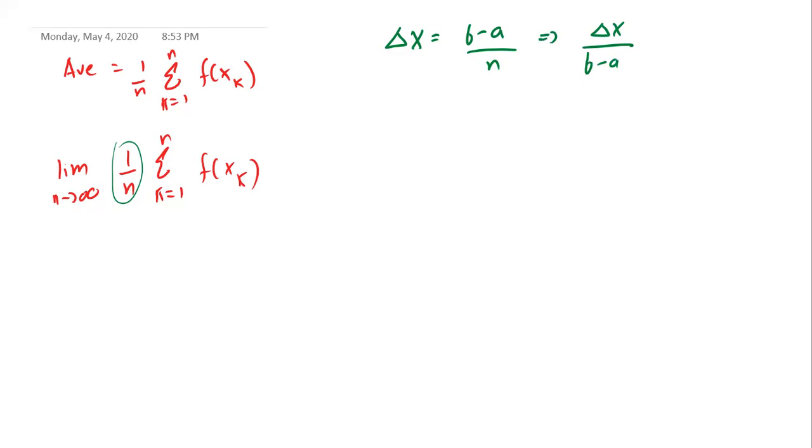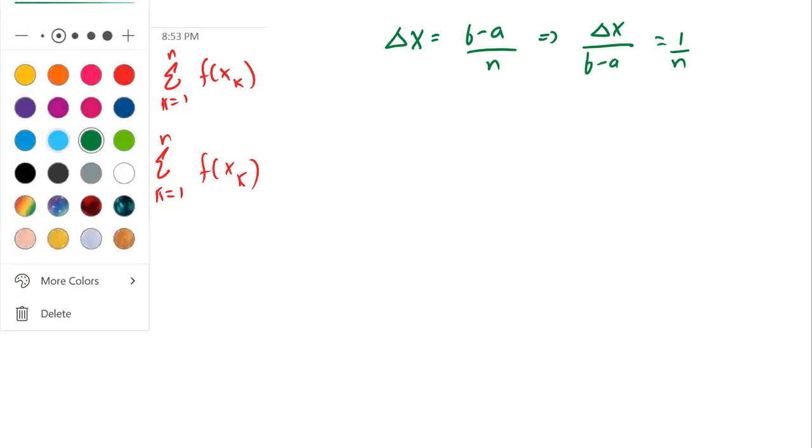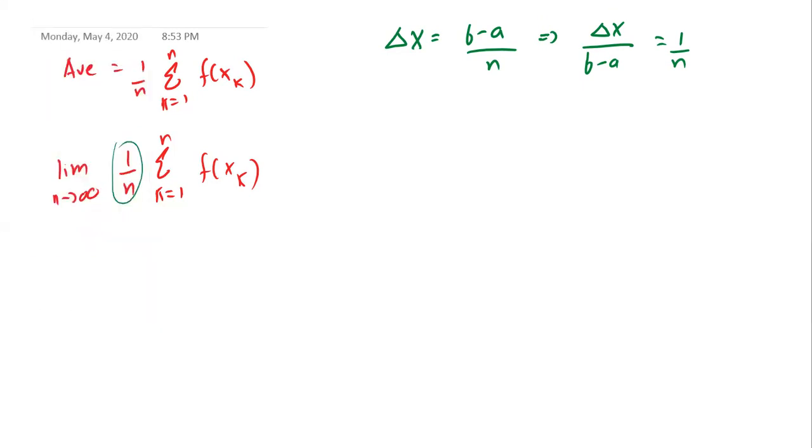If we divide both sides by b minus a, this is what we get. So we can replace this 1 over n, and again, we're not taking any limits yet, right? We're just working without taking the limit, just like you would when using the definition of the definite integral. We're just going to replace that 1 over n with that expression that we found.